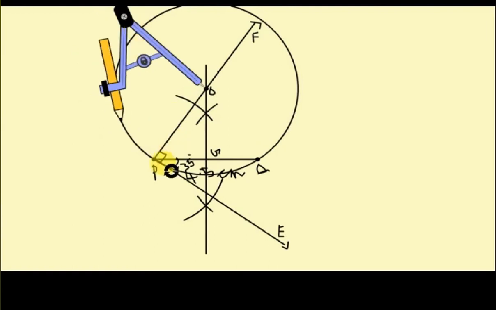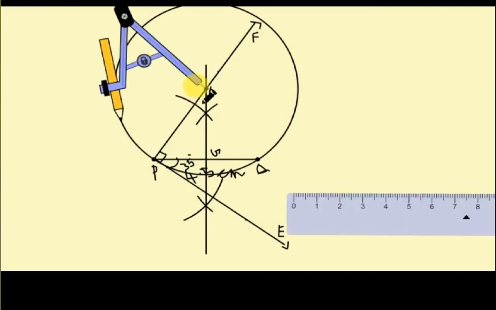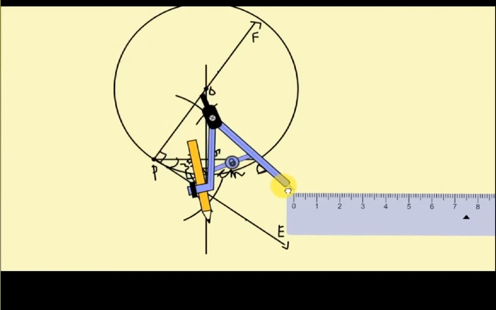So now here point P and point Q are a chord of this circle. Now we are going to find R's value. So we are going to take a scale and measure 6 centimeters, because our median value RG is 6 centimeters.